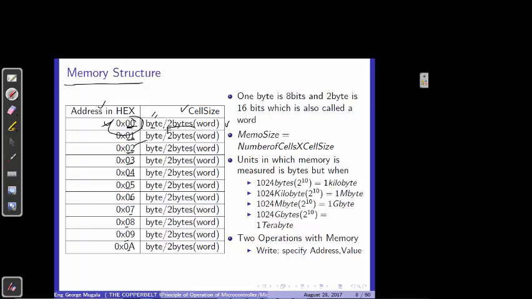In this case, we're saying the cell can hold either a byte or 2 bytes. 2 bytes are also called a word. In other words, 16 bits are also referred to as 2 bytes, and a byte is just 1 byte, the way it is.